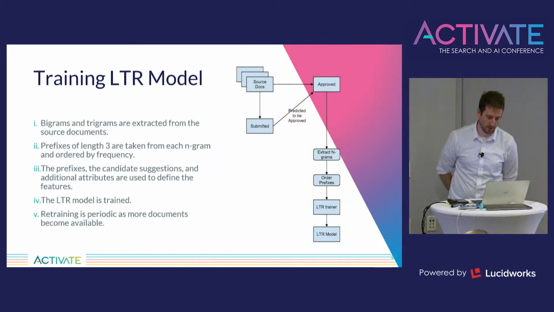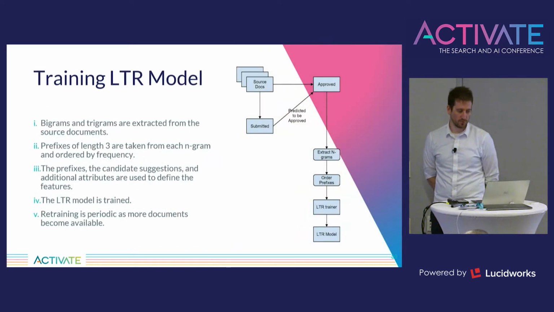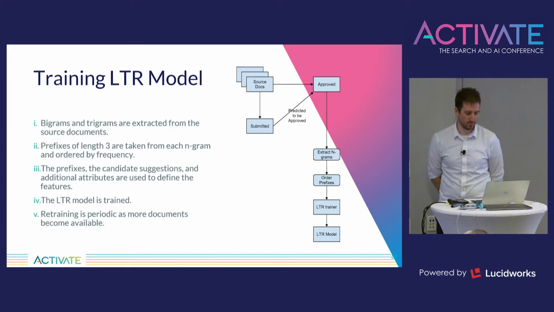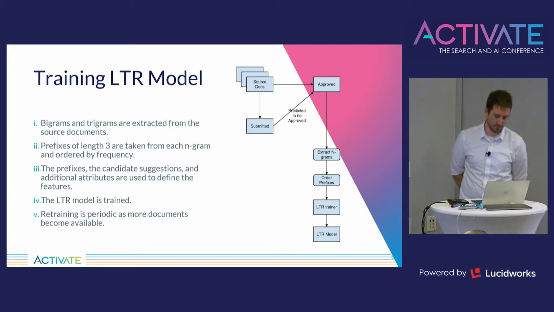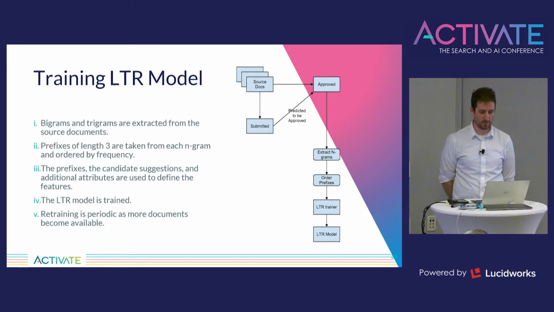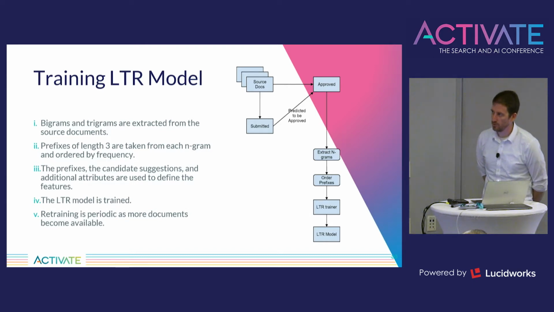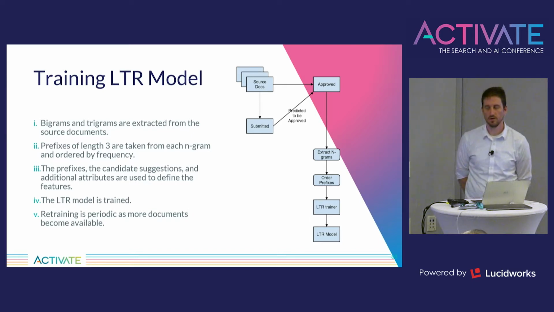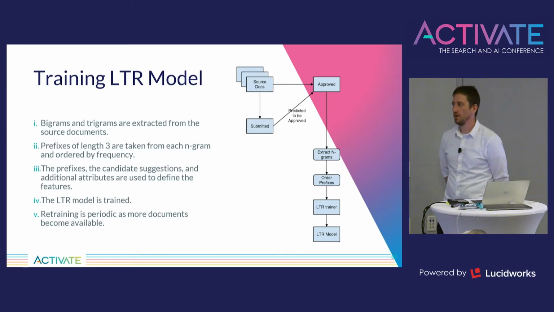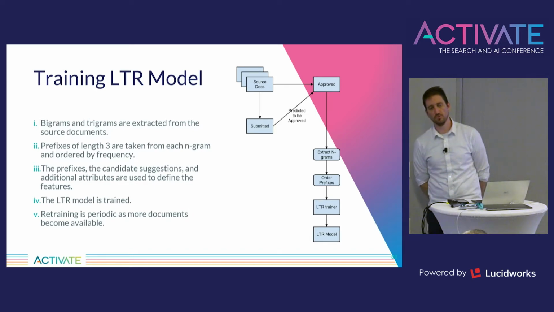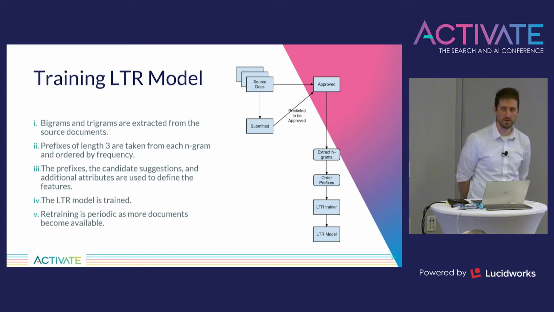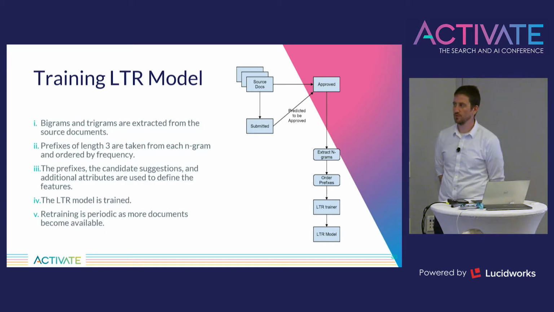So training our learning to rank model. We extracted our n-grams from the source documents. The prefixes of length 3 are taken from each n-gram and ordered by frequency. And so then we know from an ordered list the most occurring to least occurring n-grams. The prefixes, the suggestions, and the additional attributes, we use those to define our learning to rank features, which I'll list later on.